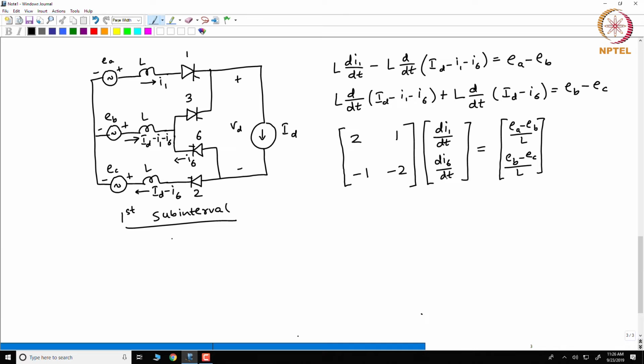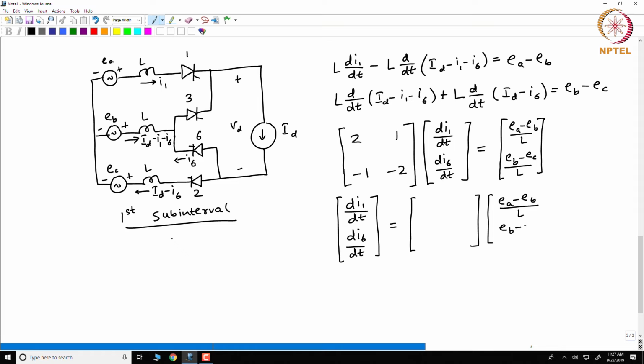To get it in the standard form, pre-multiply both sides of the equation by the inverse of this square matrix containing elements 2, 1, minus 1, 2. So the standard form is: di1/dt, di6/dt equal to what?